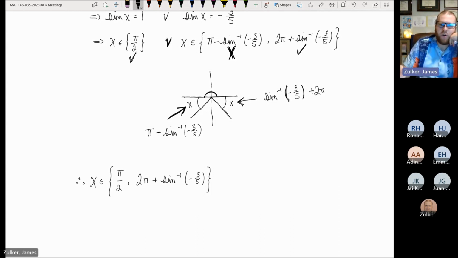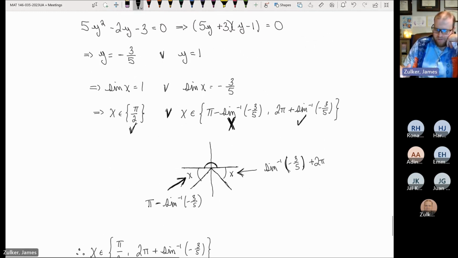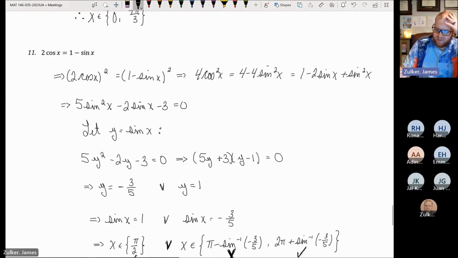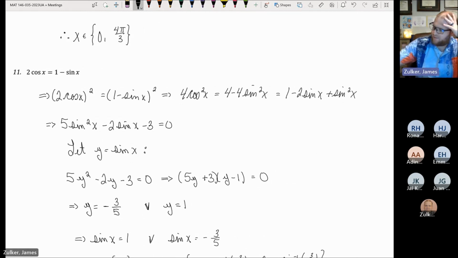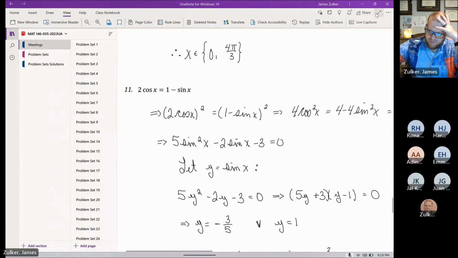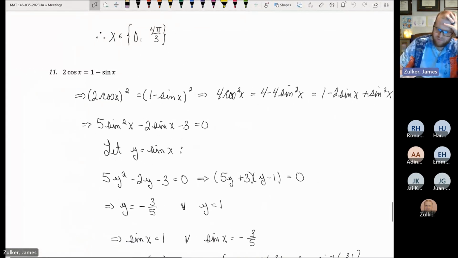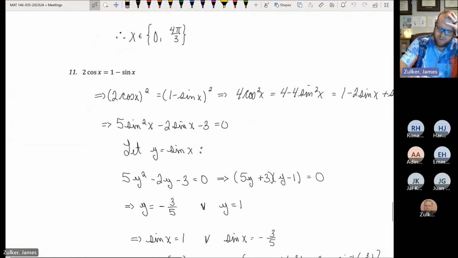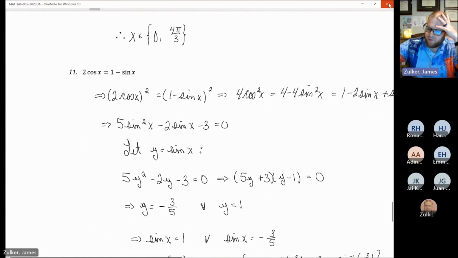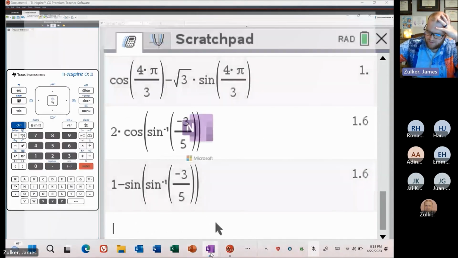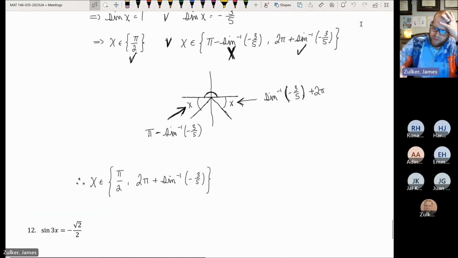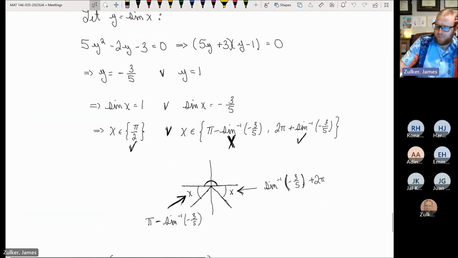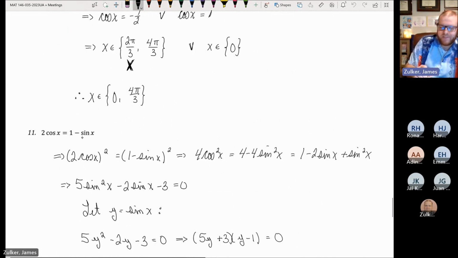Well, so far, all of the equations that we've been dealing with, the trig functions have been of a single angle.